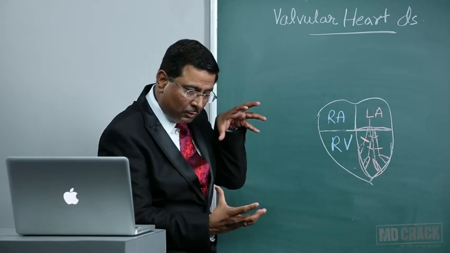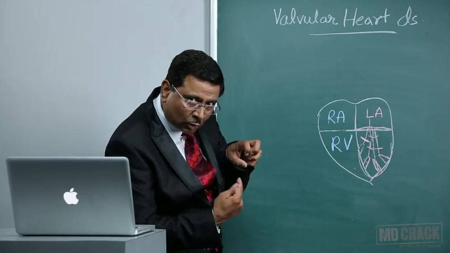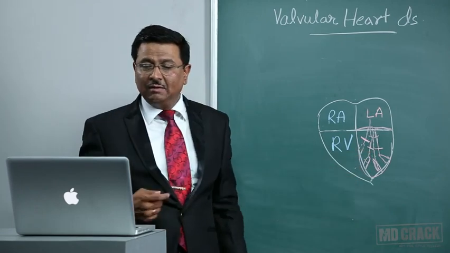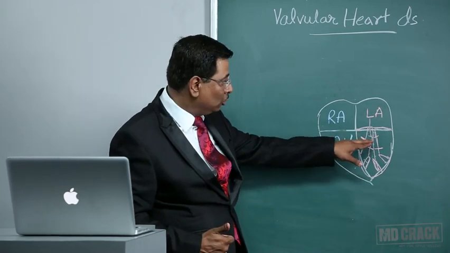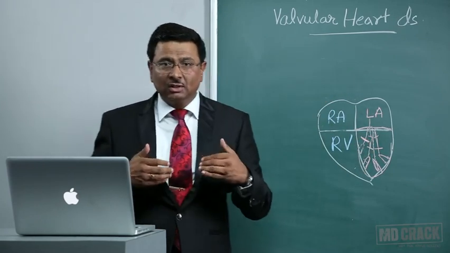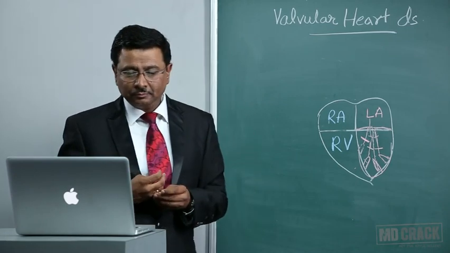Left ventricle has to generate enough pressure to force the blood through the stenosed aortic valve, right? So because of this, there would be elevated pulmonary capillary pressure due to reduced left ventricular compliance, and because of this, the patient will get exertional dyspnea, means he will feel breathless when he is doing some exertion.